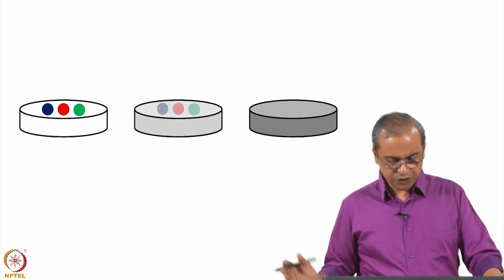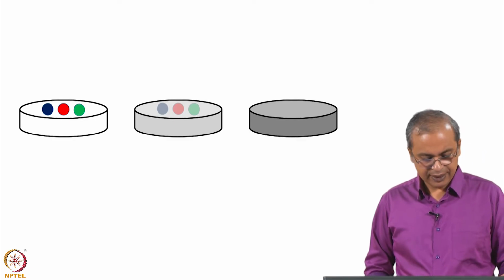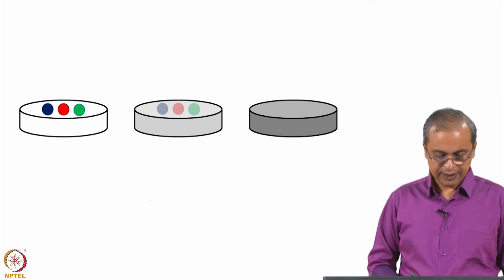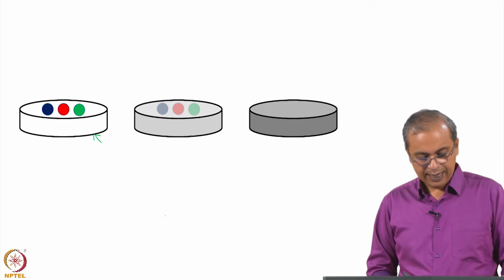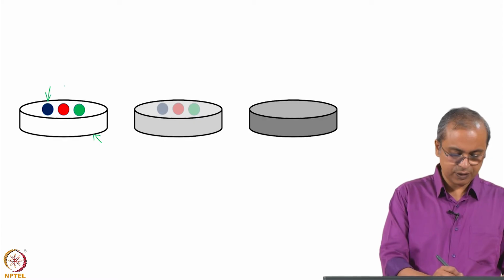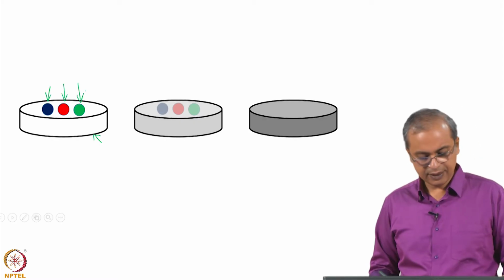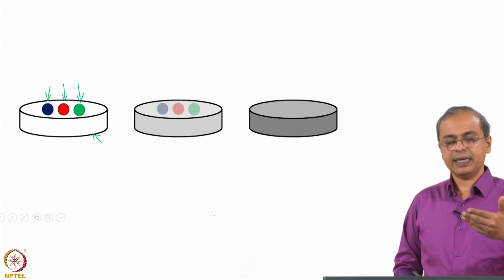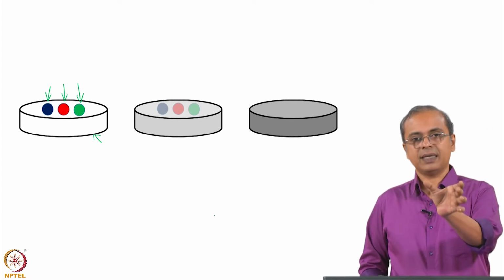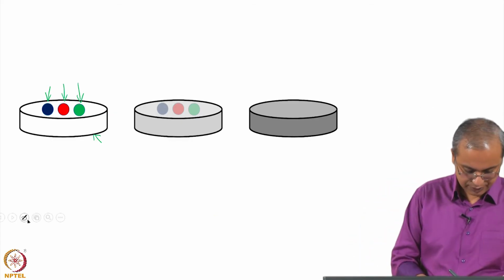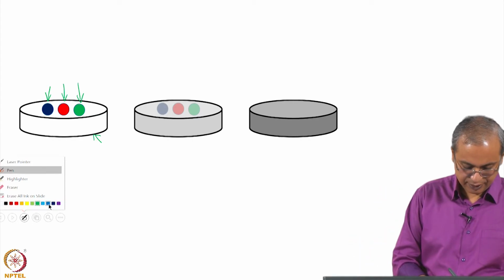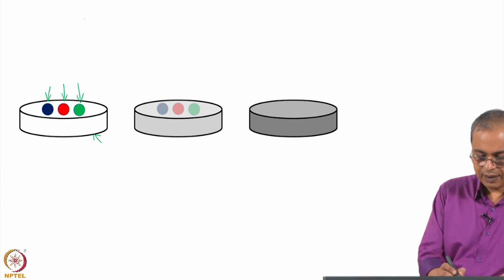So, just to give you some idea here, let us assume that we have a solid material, sort of like what you see here, and there are 3 colored dots present on one side of that. You keep this disk in front of those 3 dots. Let us say we are using some insulating material which has a large band gap.